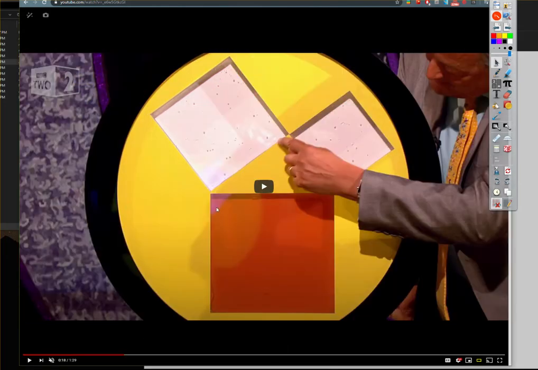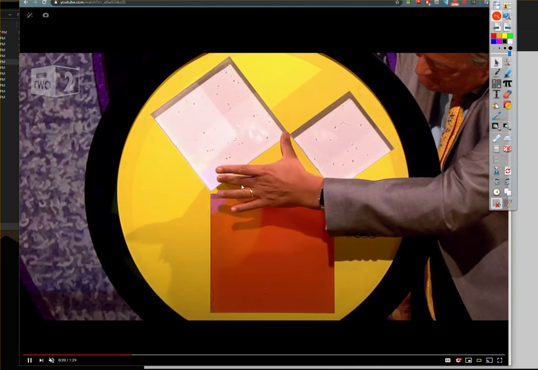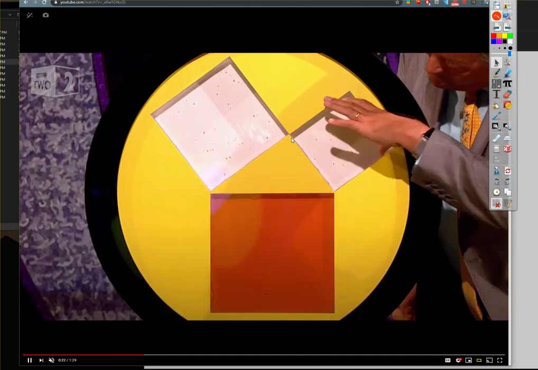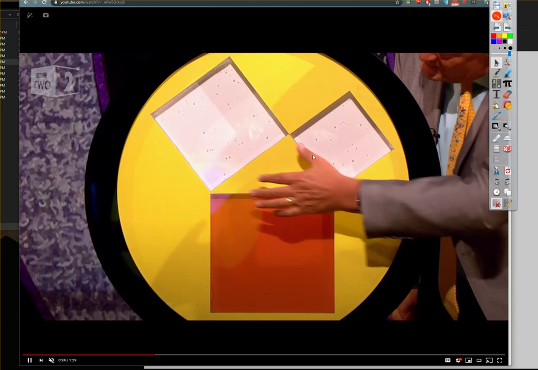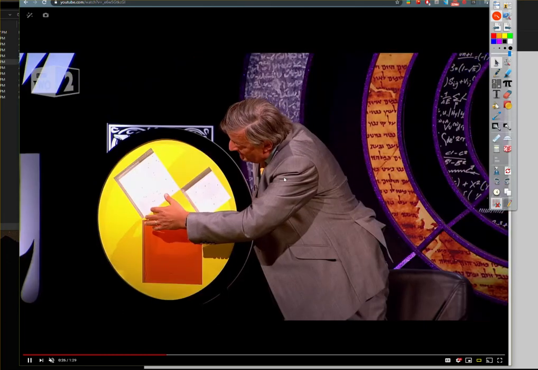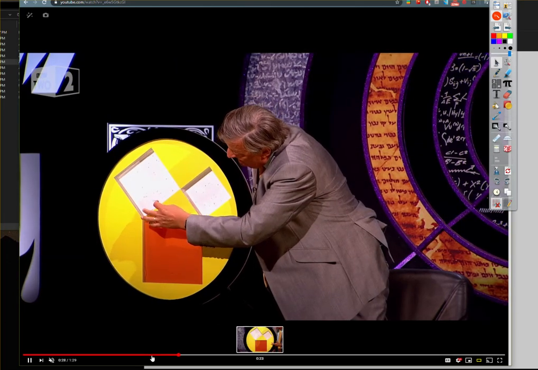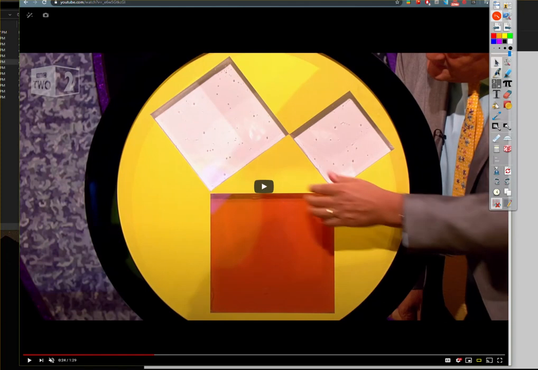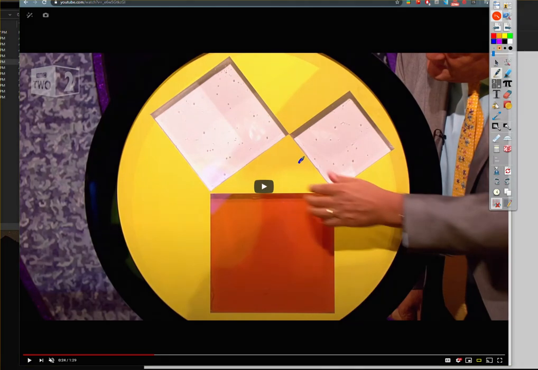He starts drawing sides, or little measurements here, and I'll fill that in. What he's saying here, if this is length A, this is length B, and this is length C, we'll do this with the arrows.